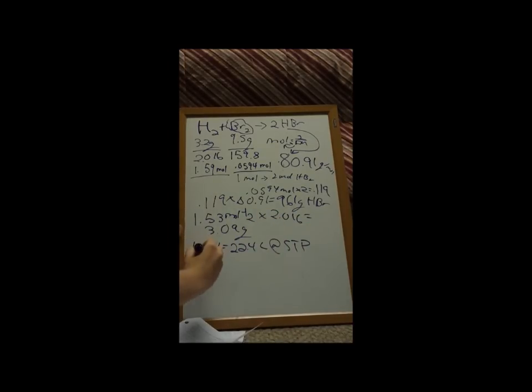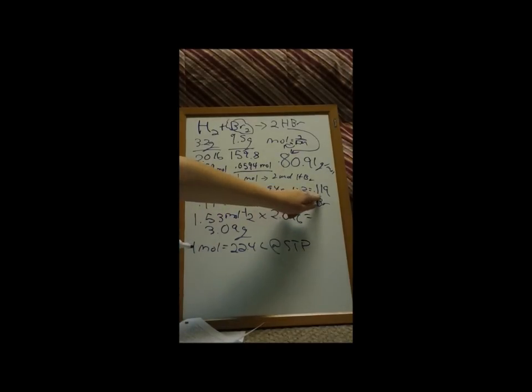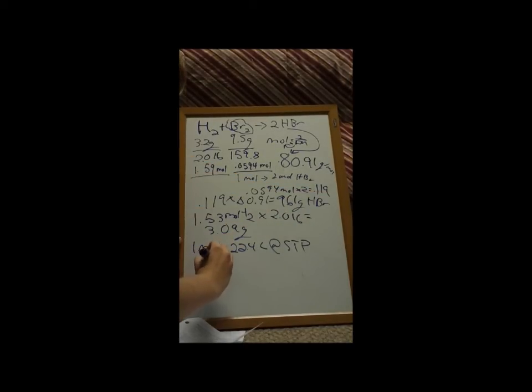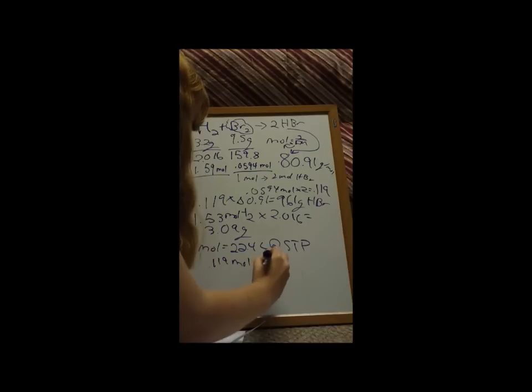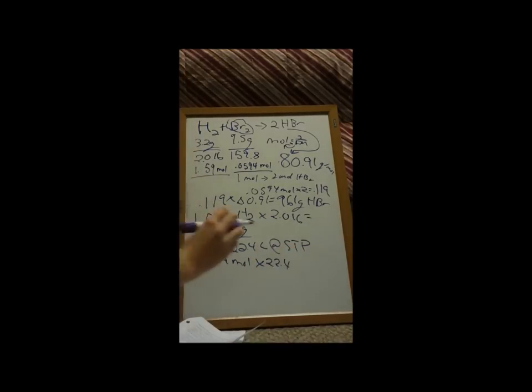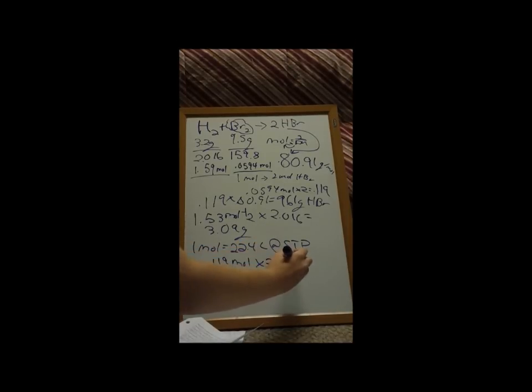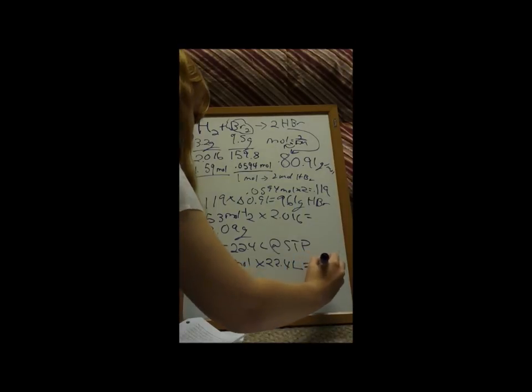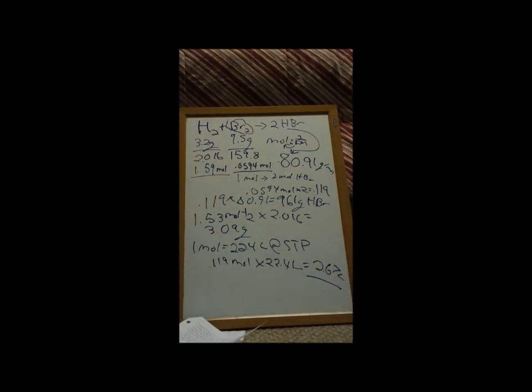Okay, so we said that we have 0.119 moles, and then we're going to multiply it by 22.4, because we do not have an entire mole, so we will multiply to find how many liters we actually have. So the answer is 2.67 liters.